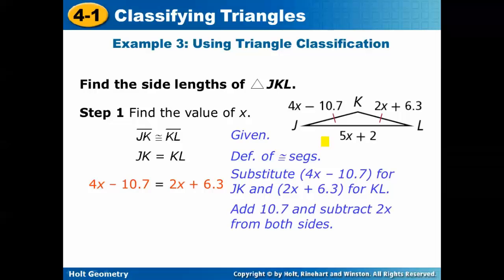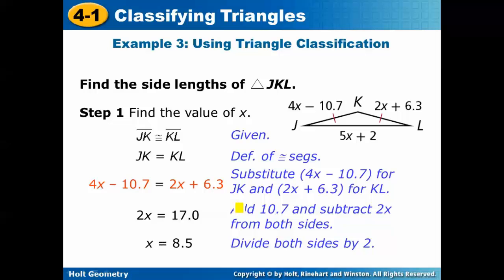Then we're going to go ahead and solve to get x by itself. So the first step is to add 10.7 to each side so that we get 4x on this side, and then when we add it over here, we get 2x plus 17. Then we subtract 2x from each side, and we're left with 2x equals 17. Divide both sides by 2 to get x by itself, and we get x equals 8.5.